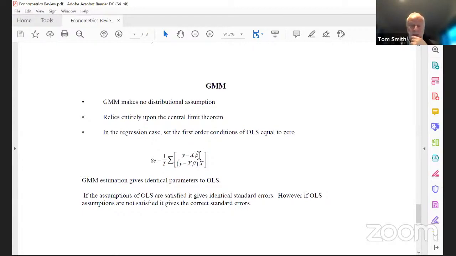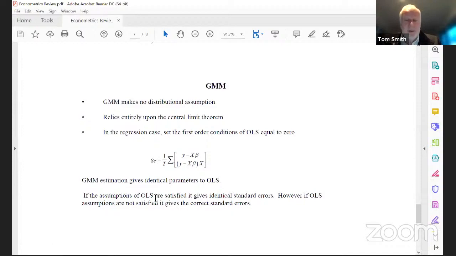So this is the expected value of the error term equals 0, and the expected covariance between the error term and the x variable is 0. They're called the normal equations of OLS. The first order condition defines the alpha, and the first order condition defines the beta. If you estimate this, you will get identical parameters to maximum likelihood, to ordinary least squares.